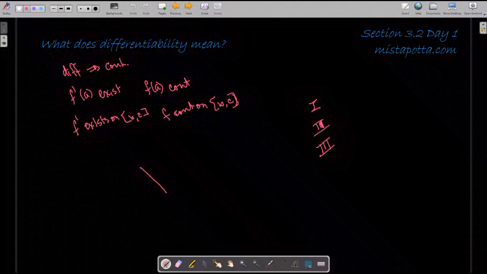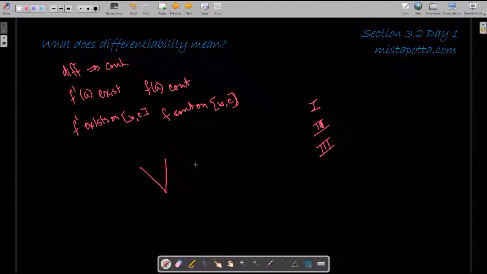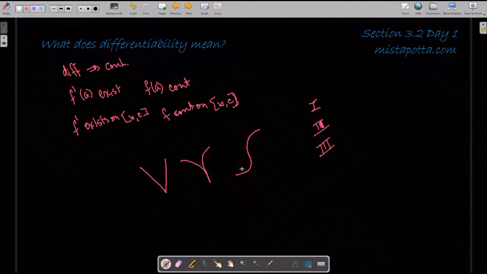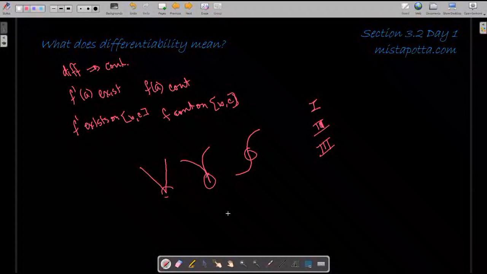Any of those examples that I gave you a few pages ago, where I have a corner or a cusp or a vertical tangent line, all of these functions are continuous, but none of these functions are differentiable at the particular troublesome point. So differentiability implies continuity, but continuity does not imply differentiability.